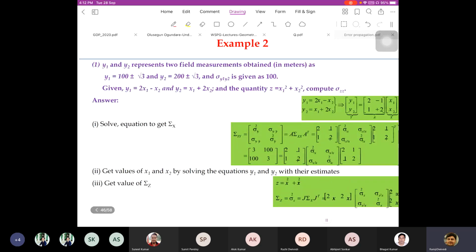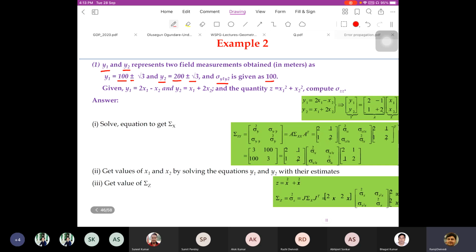So example 2 is very simple. Do not look at the final solution right now. I have given two measurements, y1 and y2, that represent your so-called field measurement obtained in meters: y1 as 100 plus minus root 3, y2 as 200 plus minus root 3, and sigma y1 y2 as 100.